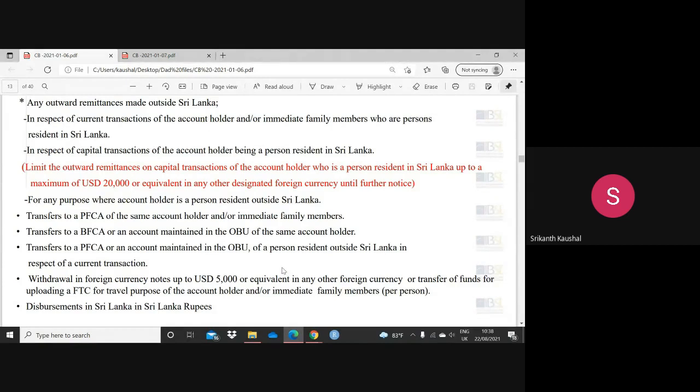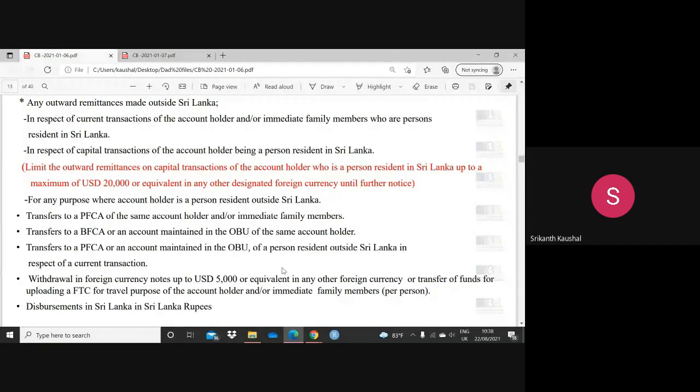That is for the account holder as well as for the immediate family member. Right? If I give you an example, let's say the account holder is a father. He's taking his wife and 2 children for a foreign trip. So they are eligible to take 5,000 each, but that is the maximum.